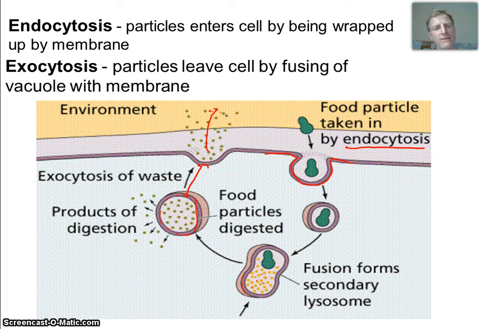So the opposite of endocytosis is exocytosis. So these are two ways that the membrane can bring things in and send things out without ever having to actually have things pass through the membrane themselves. So these are some ways that cells can move things in and out and again help maintain homeostasis and obtain all the nutrients that they need.